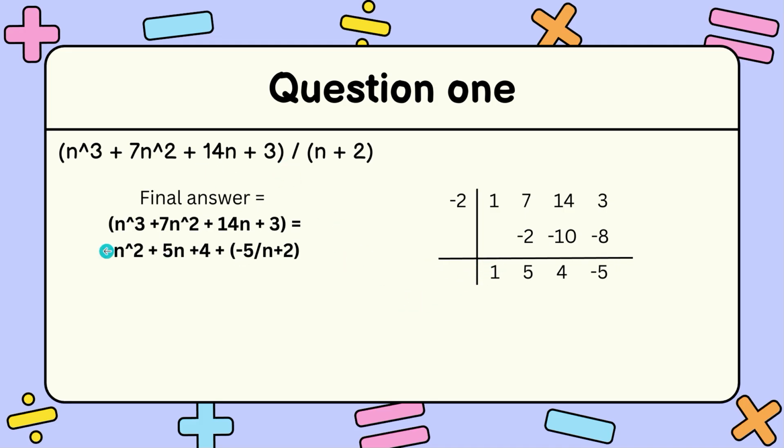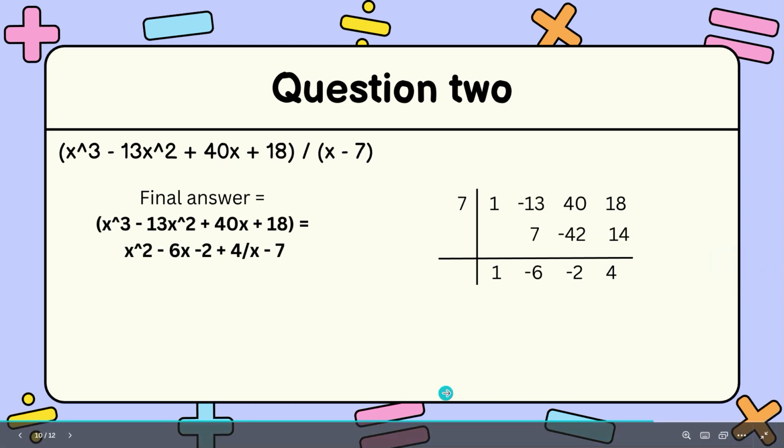So we have n cubed, it was n cubed, now we have n squared. Now we have plus 5n plus 4, and since this did not have an n previously, this negative 5 will be our remainder, which means it will be n squared plus 5n plus 4 plus negative 5 divided by our divisor, which is n plus 2.